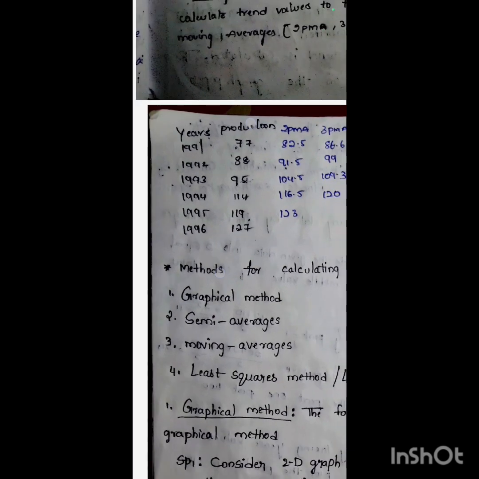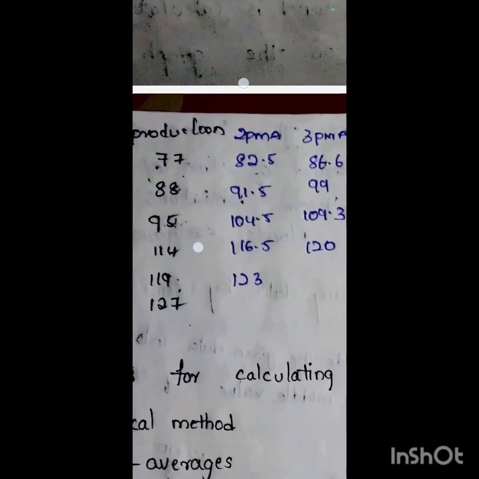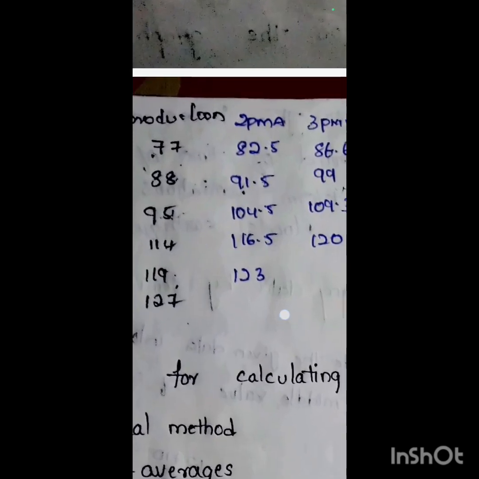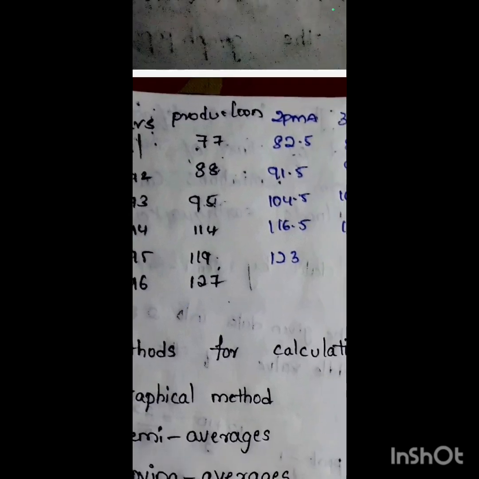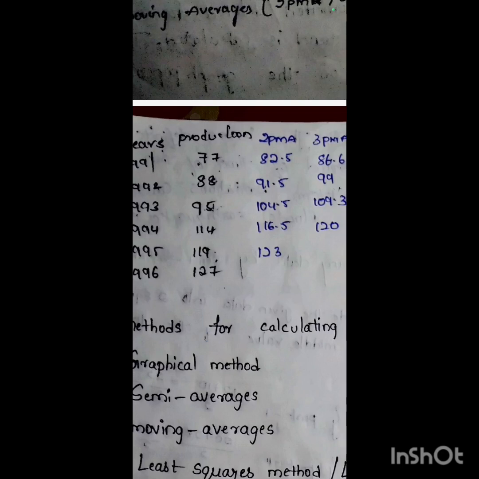In 2 PMA calculations you have to add the two values 77 and 88 divided by 2. Then 88 plus 95 divided by 2. Next 95 plus 114 divided by 2. Like that you have to calculate all the values and place them in between the values.